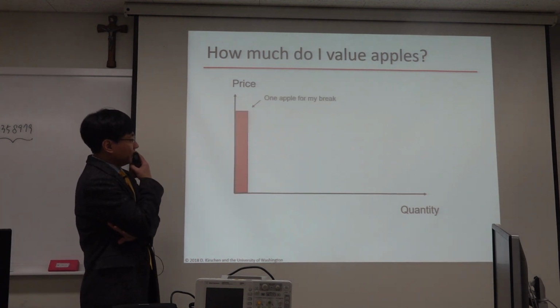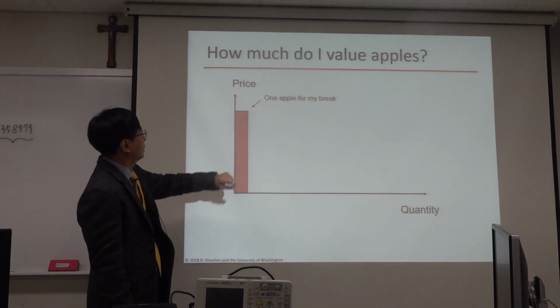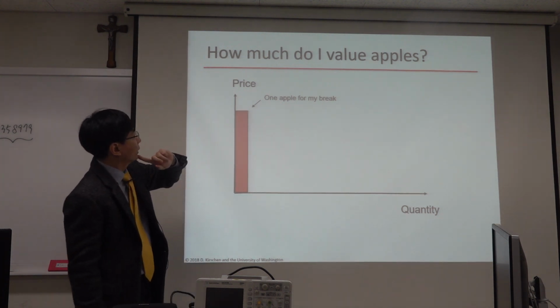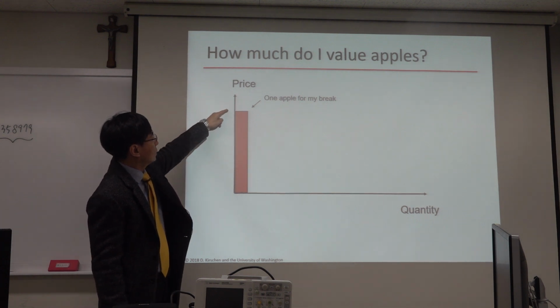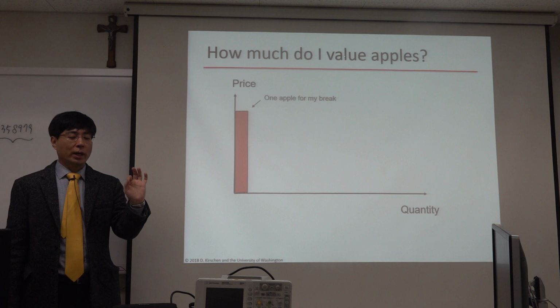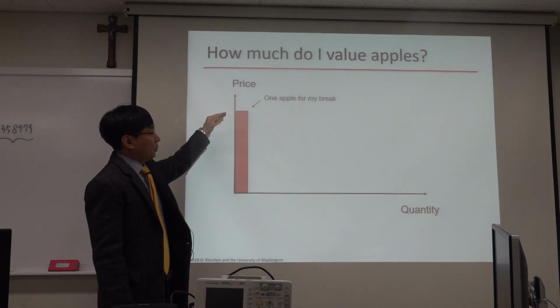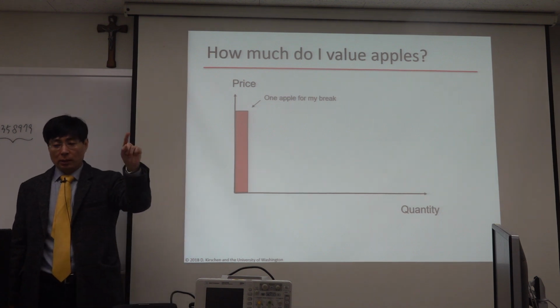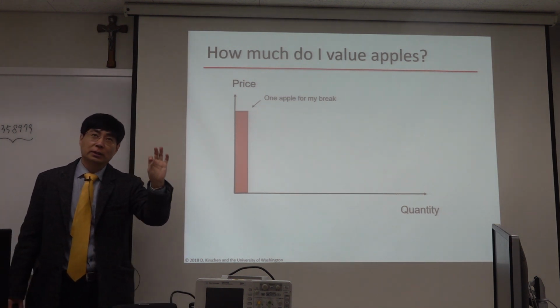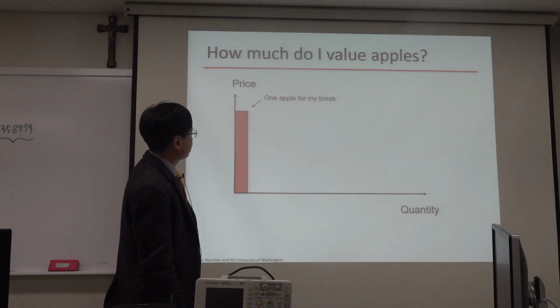So now you want to buy an apple, and suppose that the price is this much, and let's say this is $10, quite expensive. Then at that price, you can buy only one apple, because that apple is very important for you, for your breakfast.